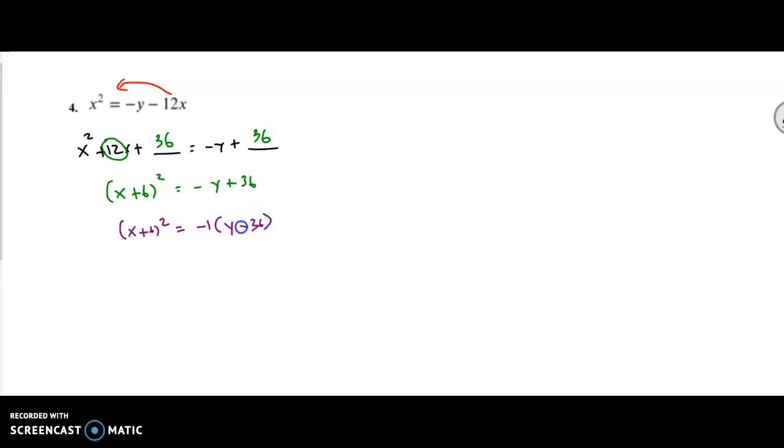All right. So the vertex is at h comma k, so -6 comma 36. The a value, now this -1, remember -1 represents 4a, and so a is going to be -1/4 or -0.25.